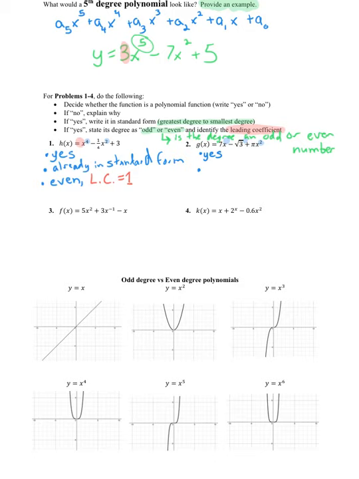It's going to be g of x equals pi x squared plus 7x minus square root of 3. It's an x squared, so this one's an even degree polynomial, and the leading coefficient is pi. All right, because pi is a number, that's our leading coefficient.